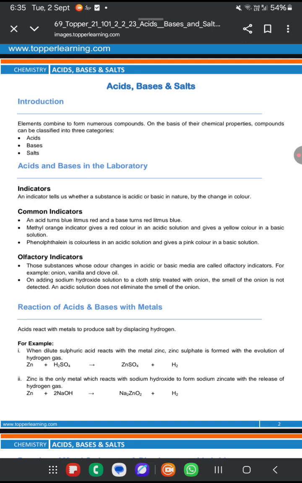On adding sodium hydroxide solution to a cloth strip treated with onion, the smell of the onion is not detected. An acidic solution does not eliminate the smell of the onion.